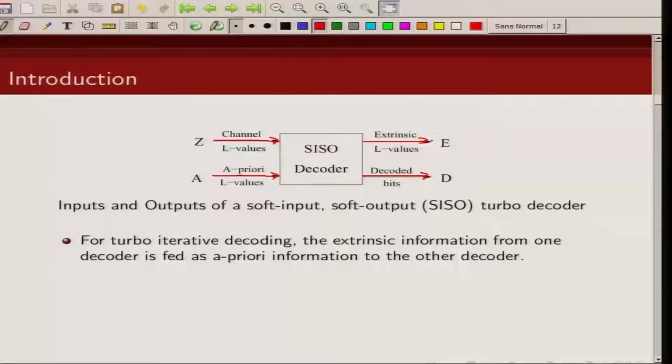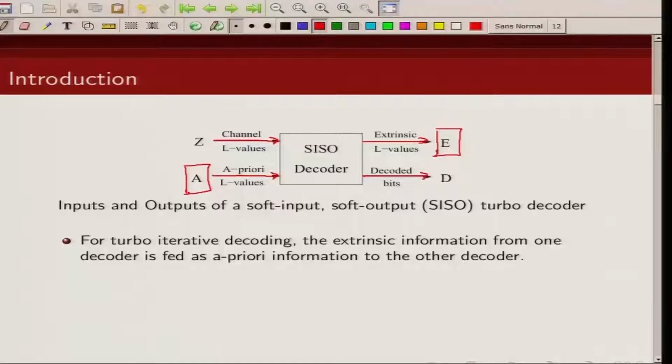There are two such soft input, soft output decoders, and if you look at a particular signal to noise ratio, and at the turbo decoder as a function of iteration, you will notice the only thing changing with iteration is the extrinsic value and the a priori value. Initially you do not have any estimate of the a priori value, you assume that the bits are equally likely to be 0 and 1, but subsequently with iteration, when your extrinsic values are generated, those are passed on as a priori values.